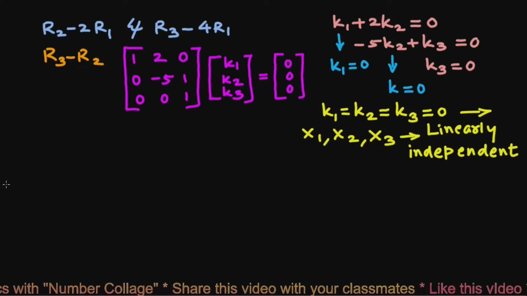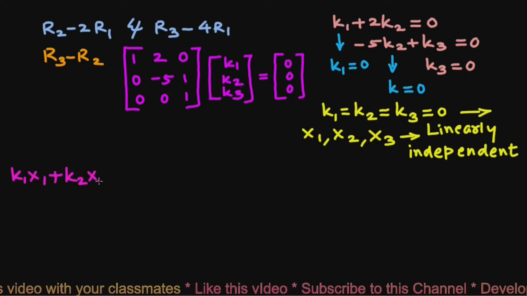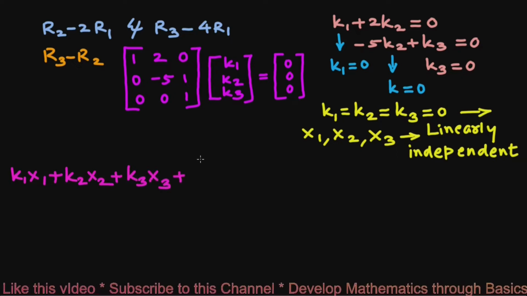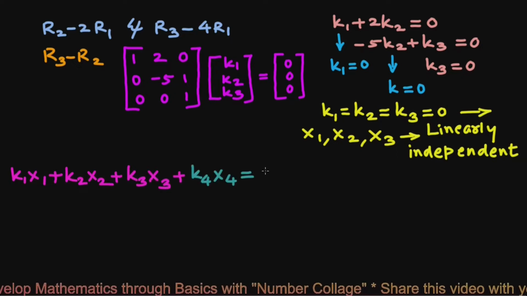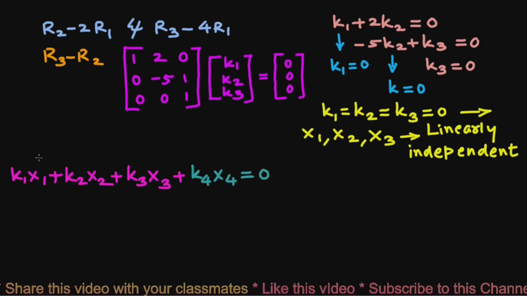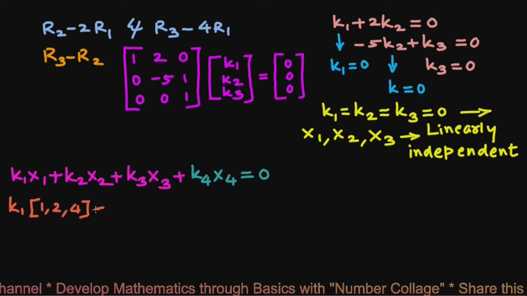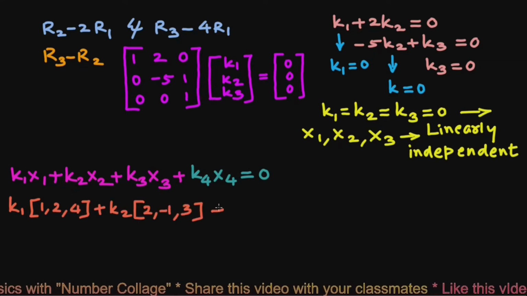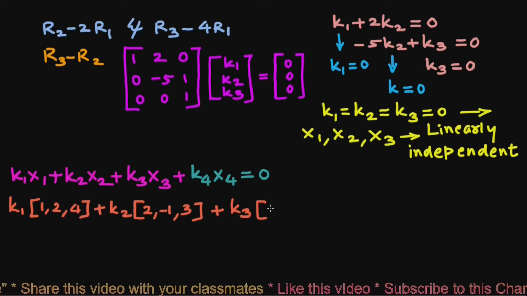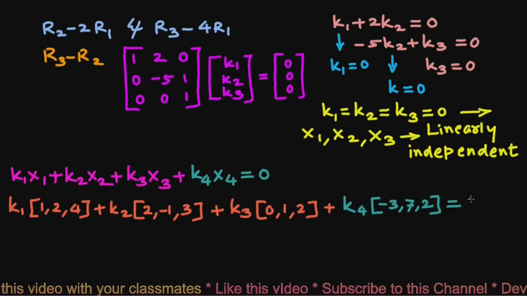Now we will consider the matrix equation k1 x1 plus k2 x2 plus k3 x3 plus k4 x4 equals 0. Substituting the values of x1, x2, x3 and x4, we write k1 (1, 2, 4) plus k2 (2, -1, 3) plus k3 (0, 1, 2) plus k4 (-3, 7, 2) equals 0.